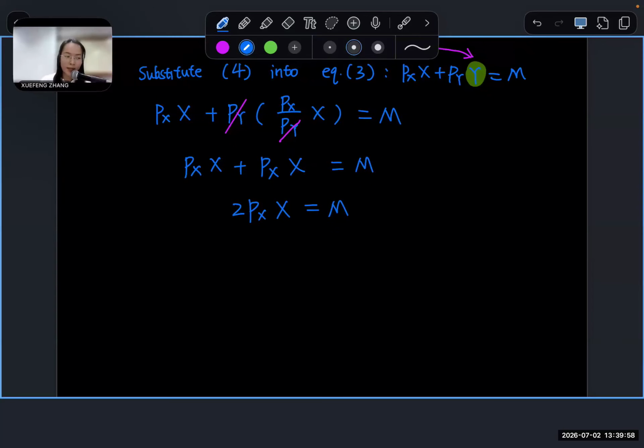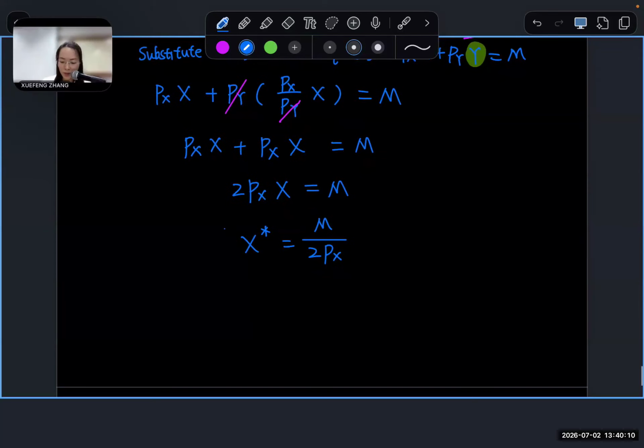So here, because x is our unknown, the one that we want to find out, x star equals m over 2px, which means this one, x star, is our demand function for goods x.